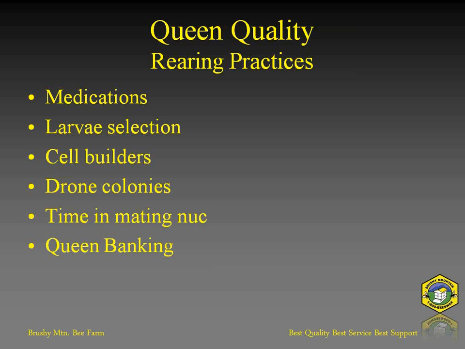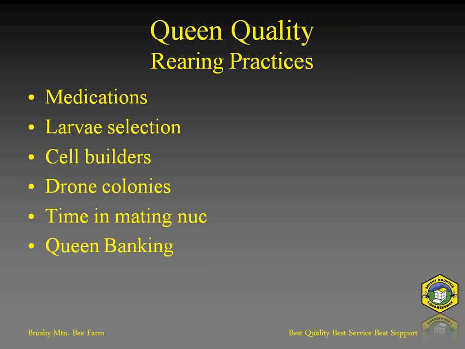That's probably not a very good ratio, as opposed to someone that may have 100 mating nukes to 60 drone colonies. There you will have much better drone saturation and increased genetic diversity, and therefore the better the chance of a better quality mating of that virgin queen, and also more genetic diversity, and therefore you'll have a stronger colony more than likely.